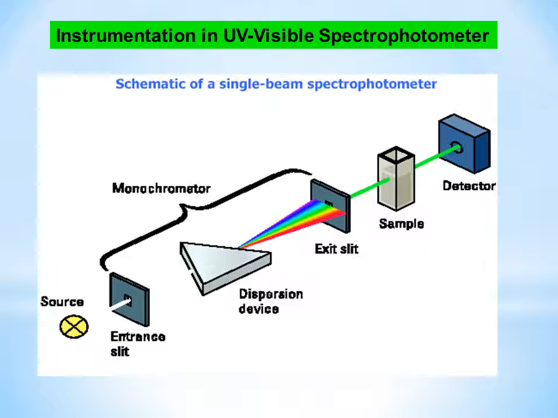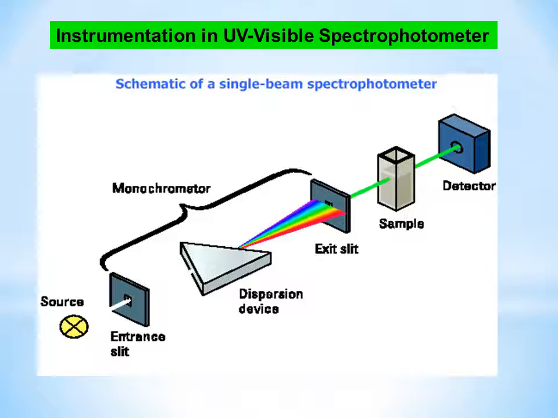So again we will revise this diagram of the single beam spectrophotometer. Here the first component is the source. From that source we get polychromatic radiation. That polychromatic radiation first passes through the entrance slit, then through the prism or the grating, whichever we have used. Then it is dispersed into monochromatic radiation, which passes through the exit slit. That exit slit is movable, so we can select the desired wavelength.